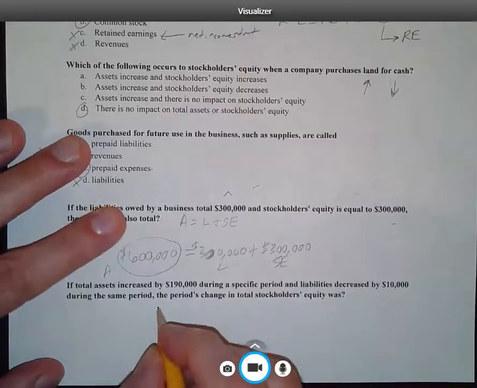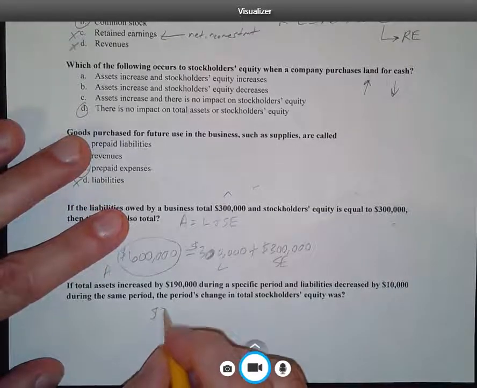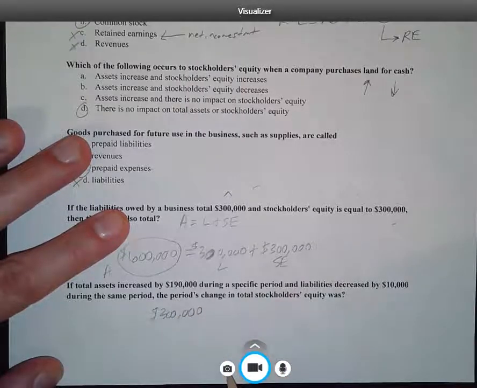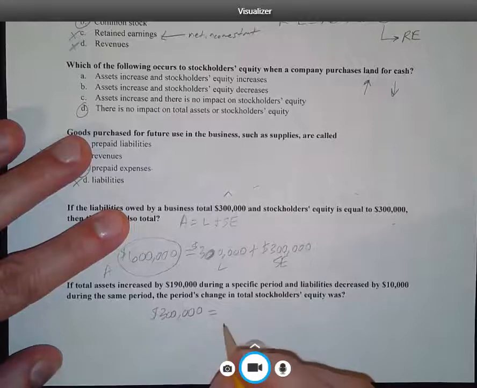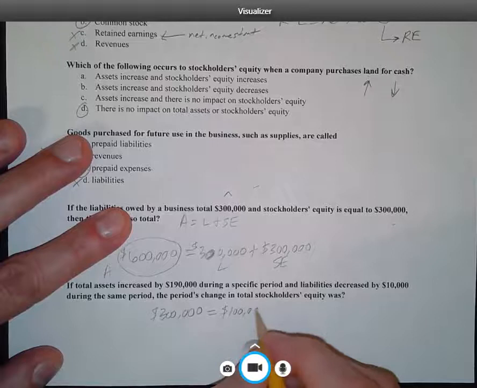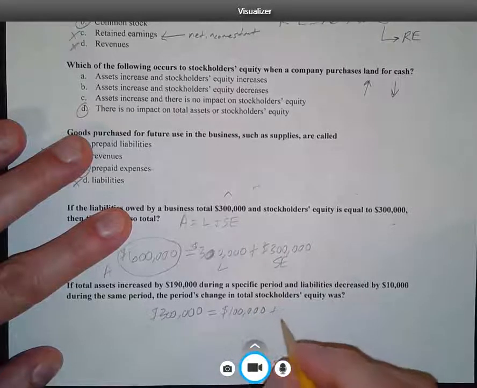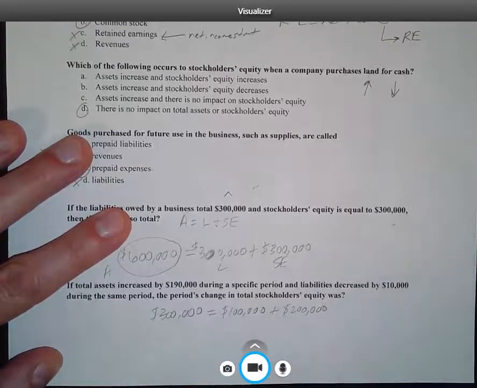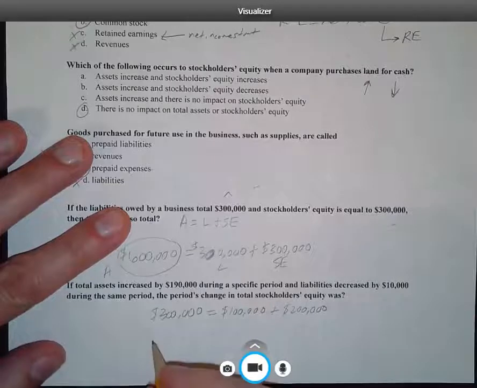I'm going to say that assets were $300,000 before, okay? And I'm going to say that liabilities were $100,000, and that means that stockholders' equity was $200,000 before. Now I'm going to add $190,000 to my $300,000. I'm not going to bring up the calculator for this.